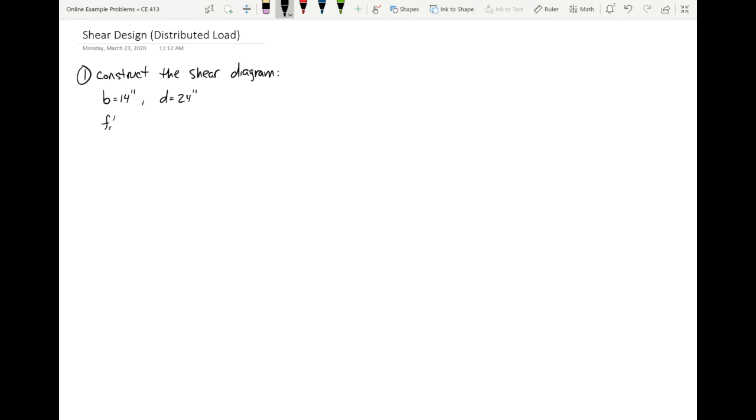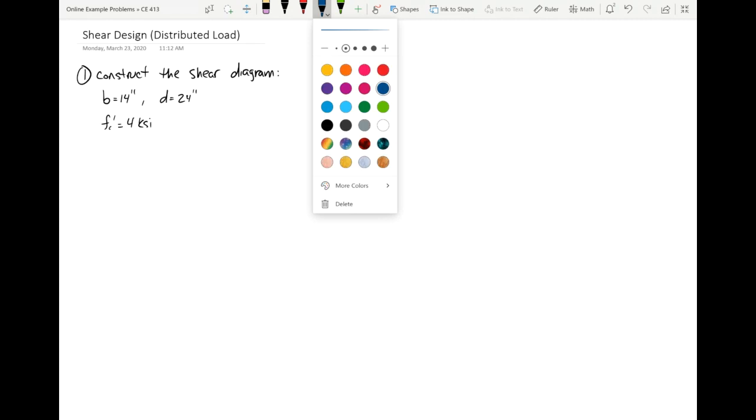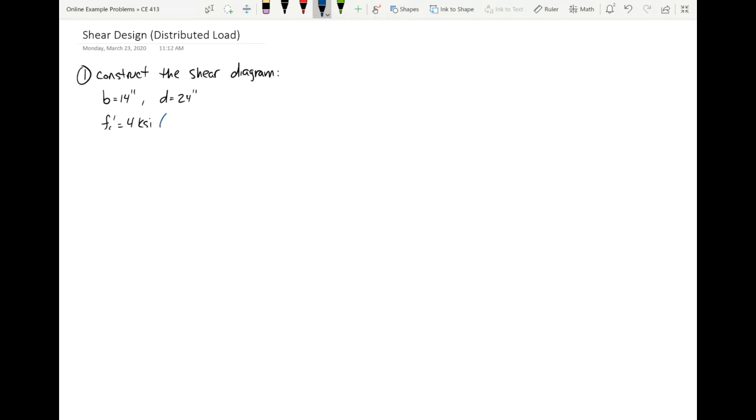We know that FC prime is 4 KSI. And the problem told us that we were dealing with normal weight concrete. So that tells us that our lambda value is 1. And we're also dealing with regular grade 60 rebar. So that means that this is 60 KSI.